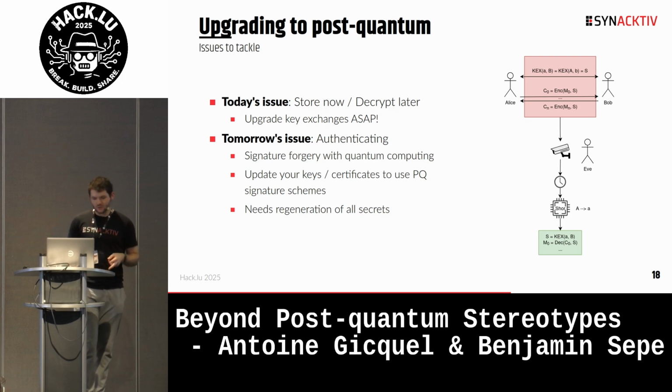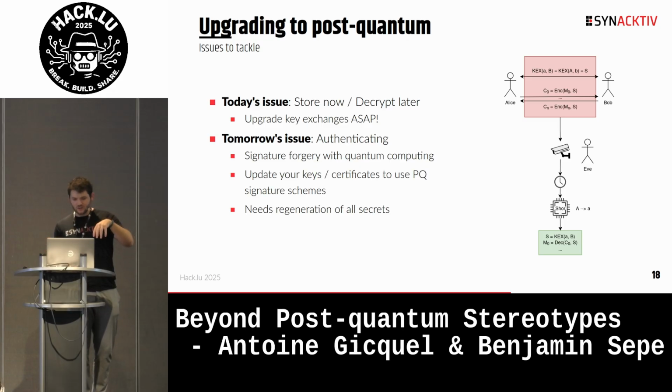The second issue has to do with authentication. In our previous model, Benjamin told you that Alice and Bob both get a certificate from the certification authority, and then they send the certificate to each other.